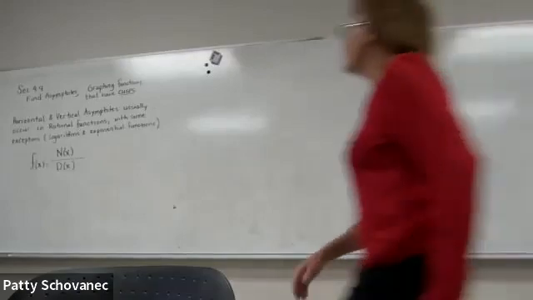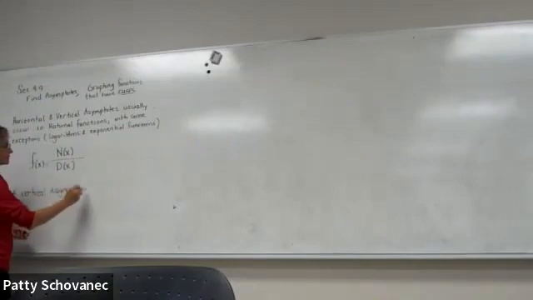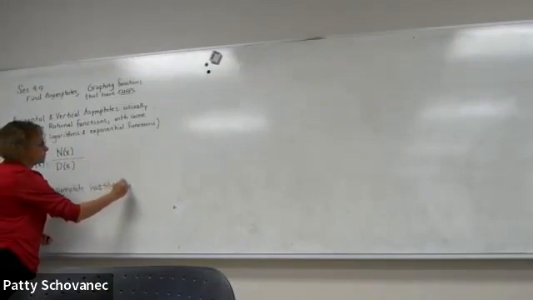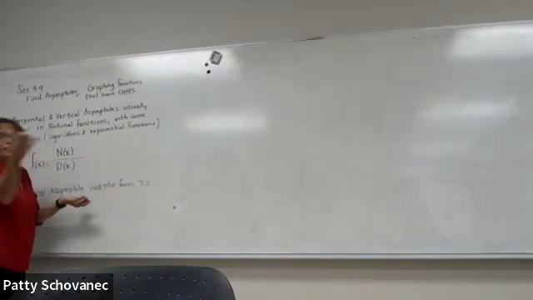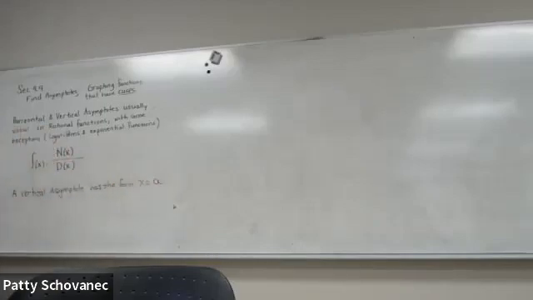Okay, a vertical asymptote is a discontinuity. A vertical asymptote is a vertical line that has an equation x is equal to some number. A vertical asymptote has the form x is equal to some number. So let me use the letter A for that number.